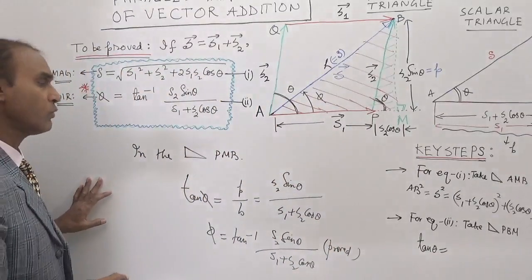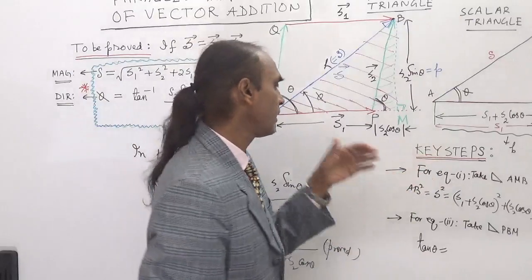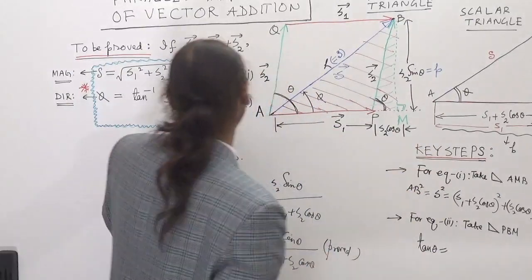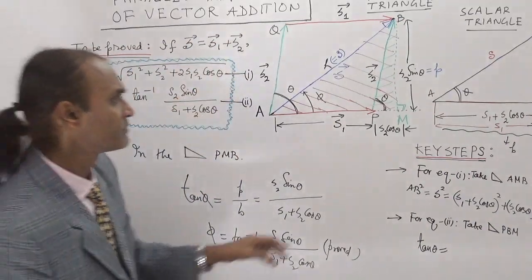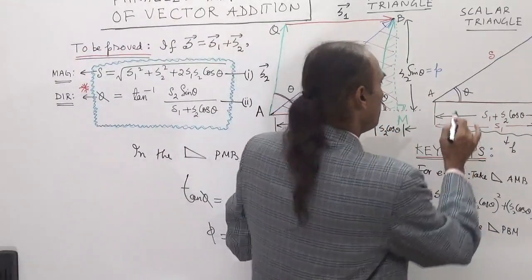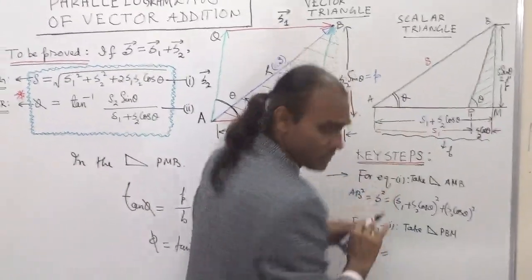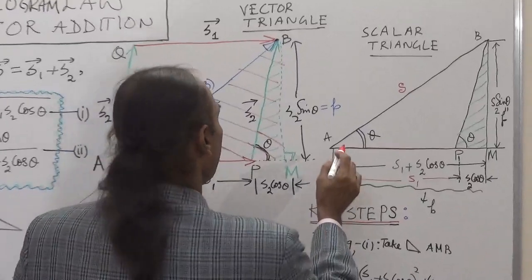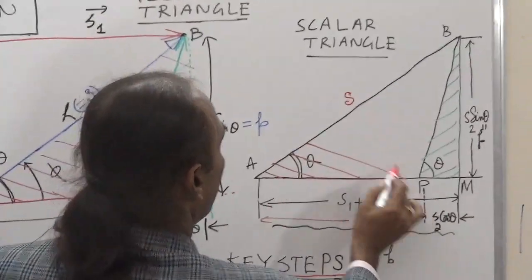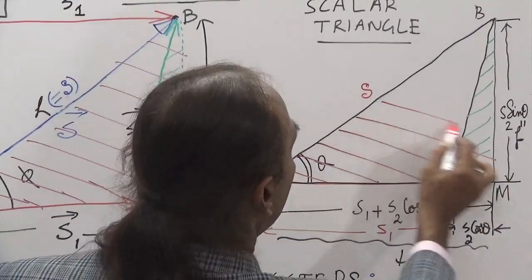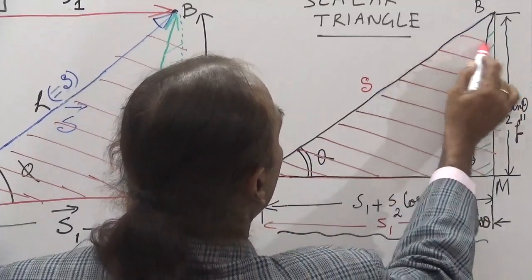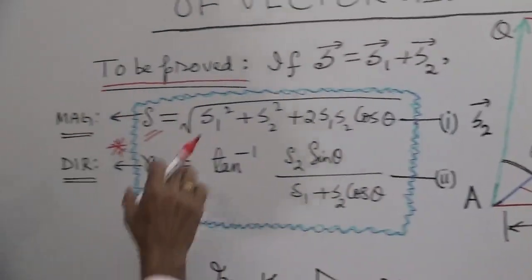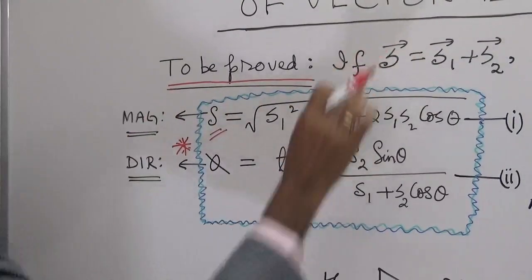The equation number 2. So let us see the key steps to prove equation 1. Take this triangle ABM, right angle triangle ABM, to prove equation 1, which gives the magnitude of the resultant.